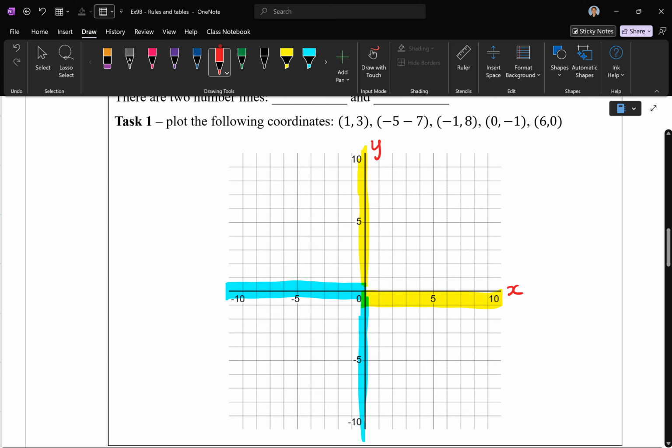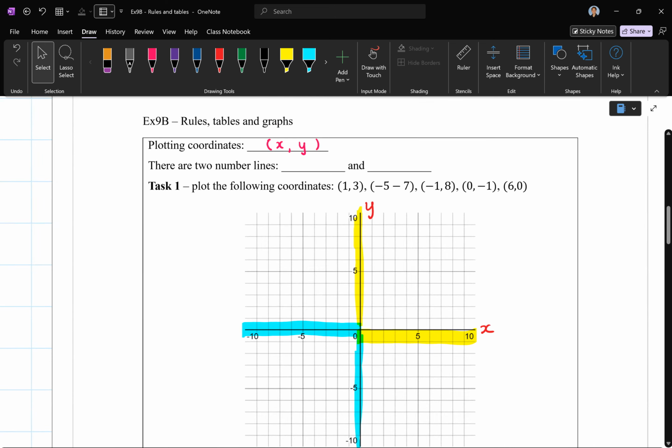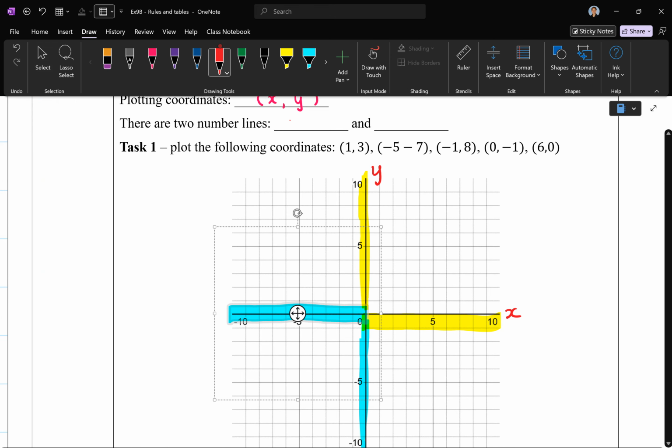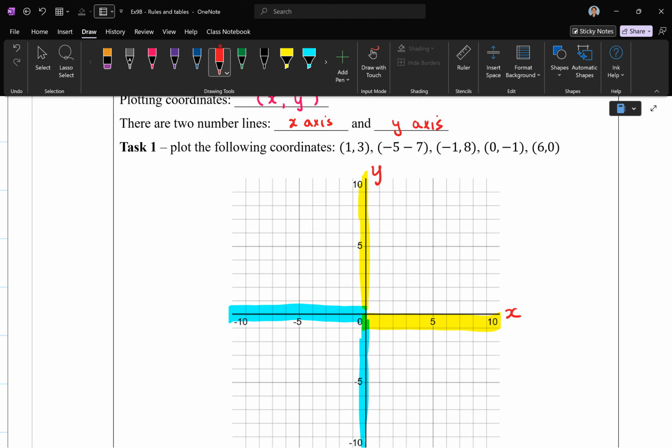And this is your X number line. Your two number lines are your X-axis and your Y-axis. So there are two number lines there. And so therefore, when you write a coordinate, it tells you which point on that plane, which is called the Cartesian plane, where are you specifically, right?